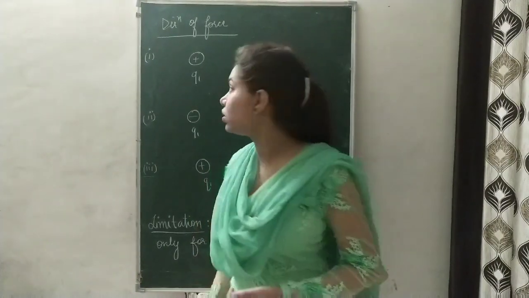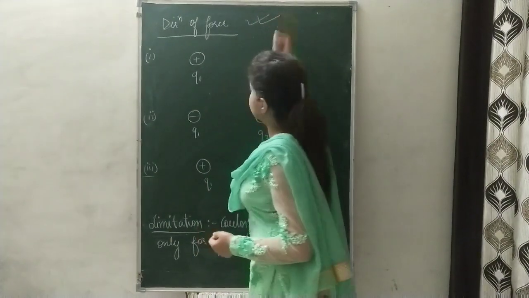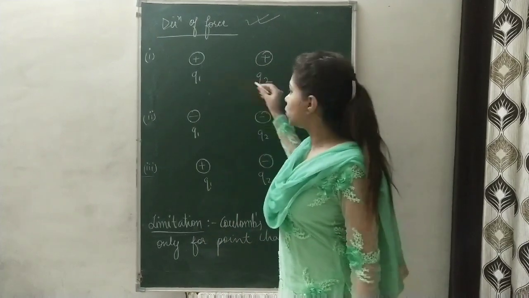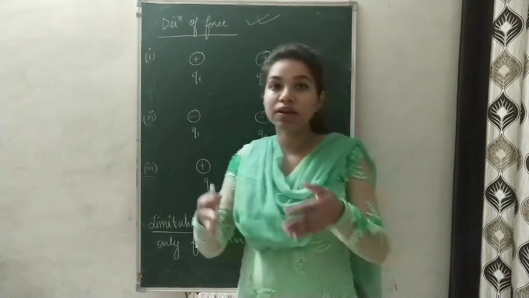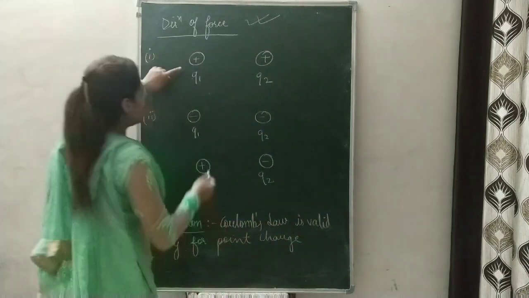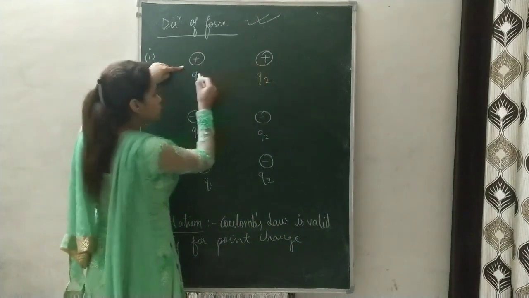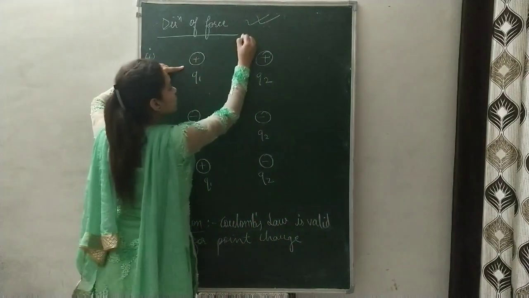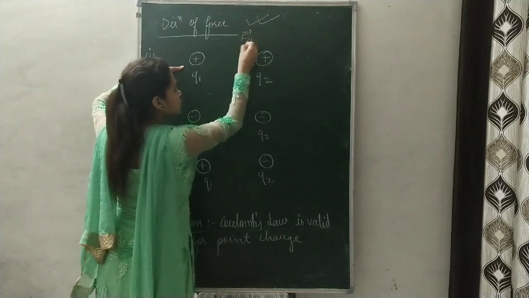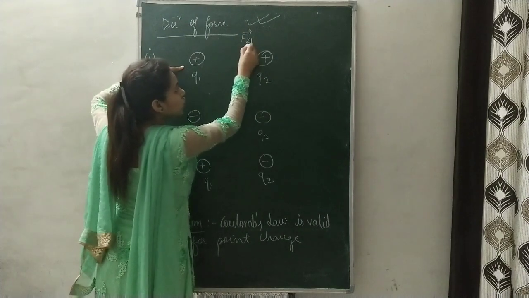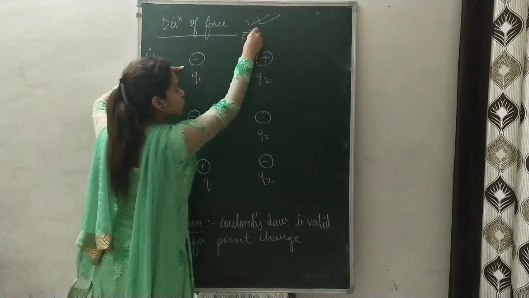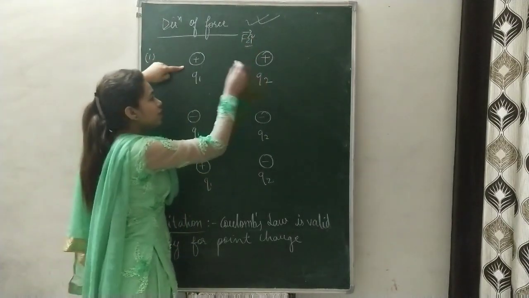Now let's discuss the direction of force in Coulomb's law. If both the charges Q1 and Q2 are positive, in that case, force on 1 due to 2 is written as F21. So 2 is applying force on 1.